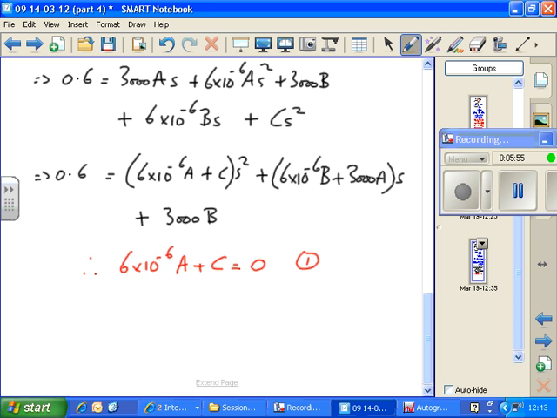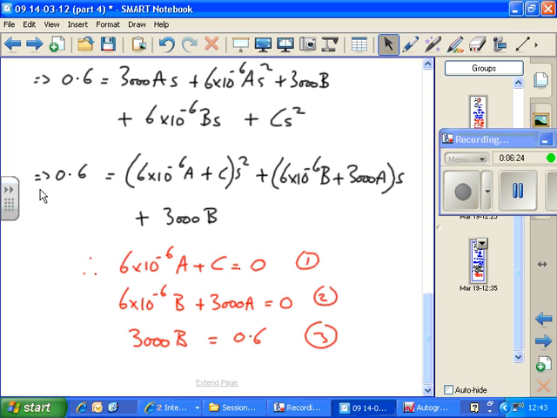We get that 6 times 10 to the minus 6 B plus 3000 A equals 0, equating coefficients of S, and finally 3000 B equals 0.6, and that's equation 3. 3 equations, 3 unknowns, solved simultaneously.